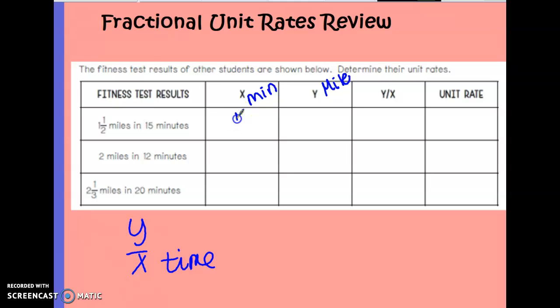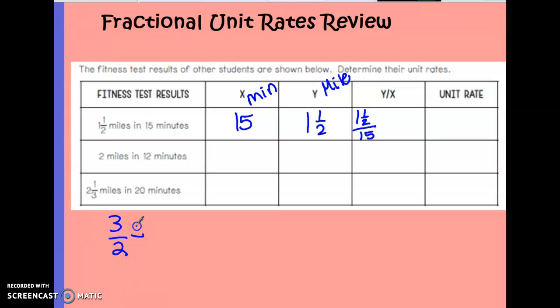Okay, so our first one, we have 15 minutes and 1.5 miles. So we're going to divide it. 1.5 divided by 15. We're going to set it up. 1.5 converts to 3 halves, and then divided by 15. So I'm going to keep, change, reciprocal. 3 halves times 1 over 15.